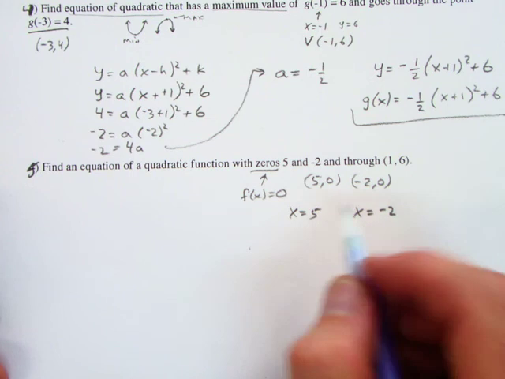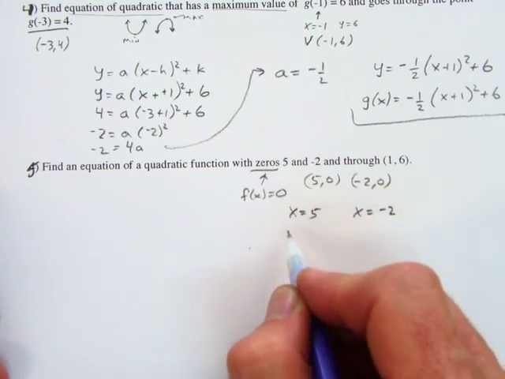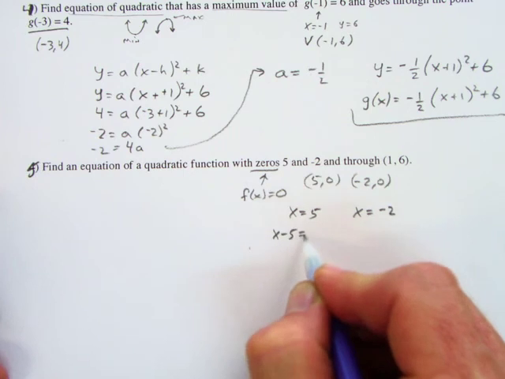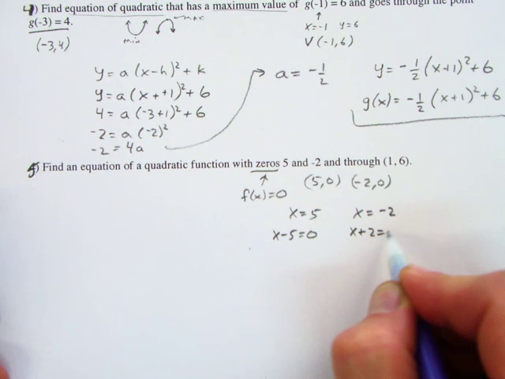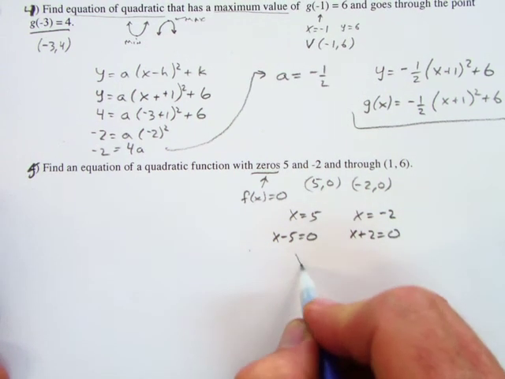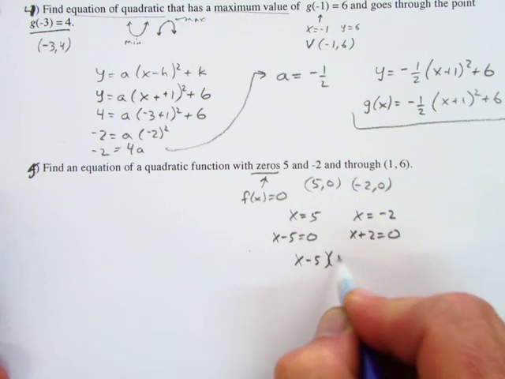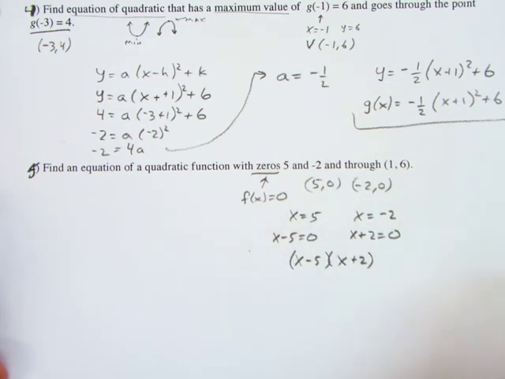Well, if x equals 5 is a solution, what would be the line that came right before that if we were solving? It would be x minus 5 equals 0. Similarly, this would be x plus 2 equals 0. What would have come right before that? x minus 5 times x plus 2. Now we're close here.